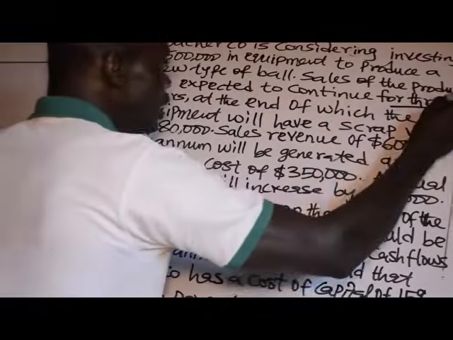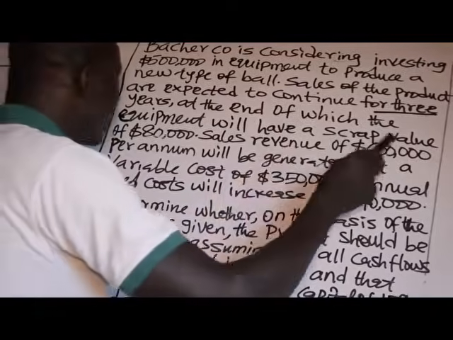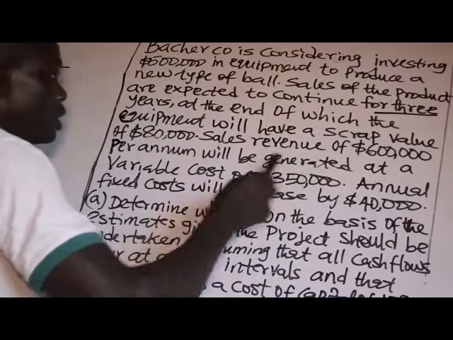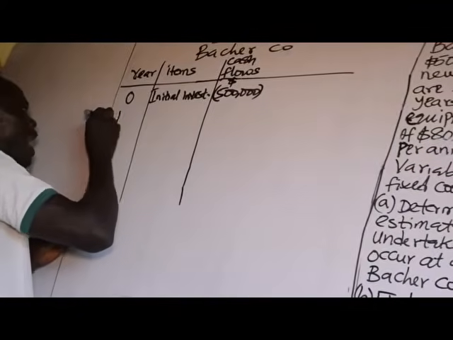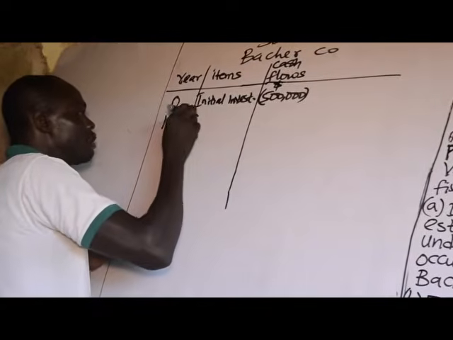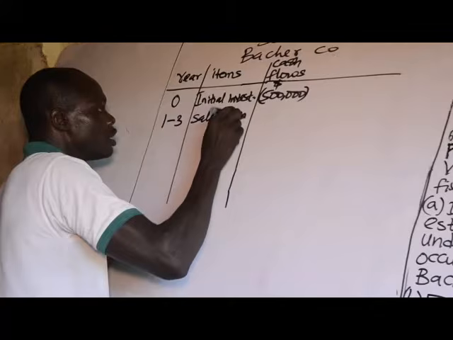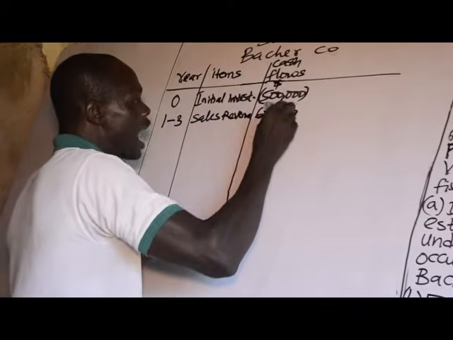Now, sales revenue of 600,000 per annum will be generated. So, sales revenue per annum, that is year 1 to 3. We have the sales revenue of 600,000. Revenue is an inflow.